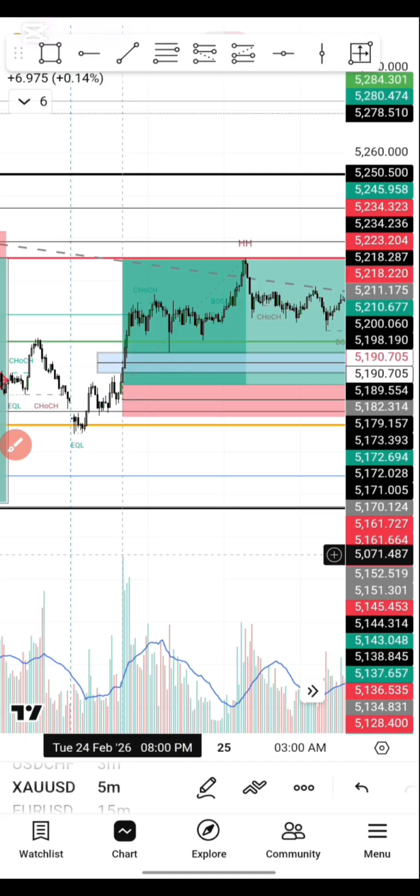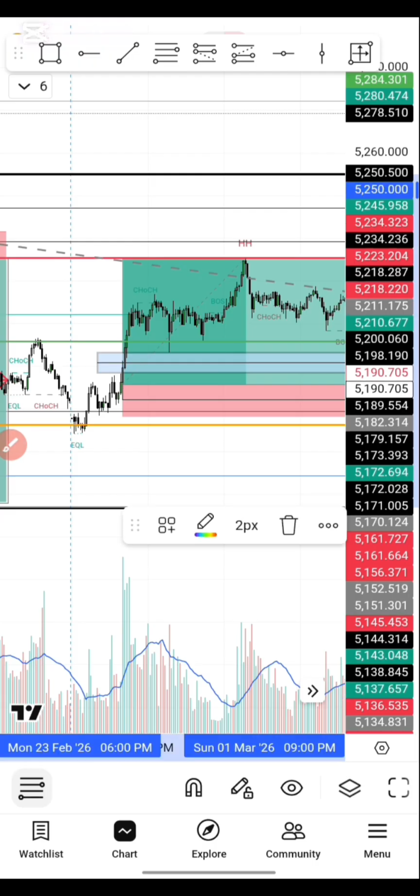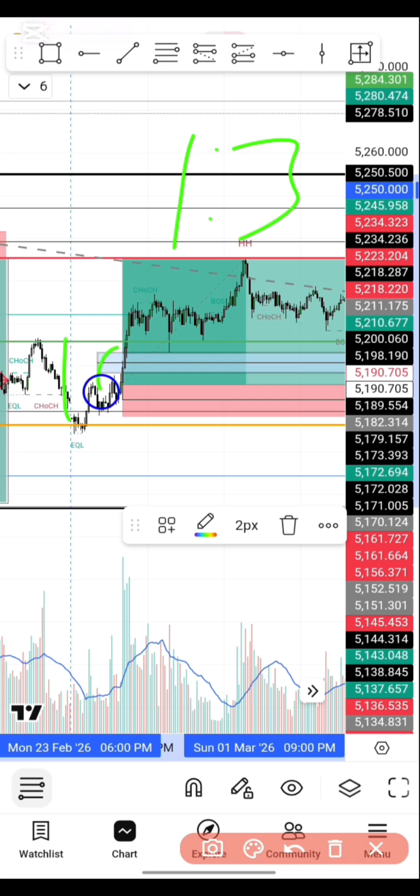Then I held the trade. I always take partials at 1:3. My partial is always at 1:3 risk to reward. That is, if I'm risking $10, I'm making $30. So anytime a trade moves in my direction for 1:3, I take partial at $30.